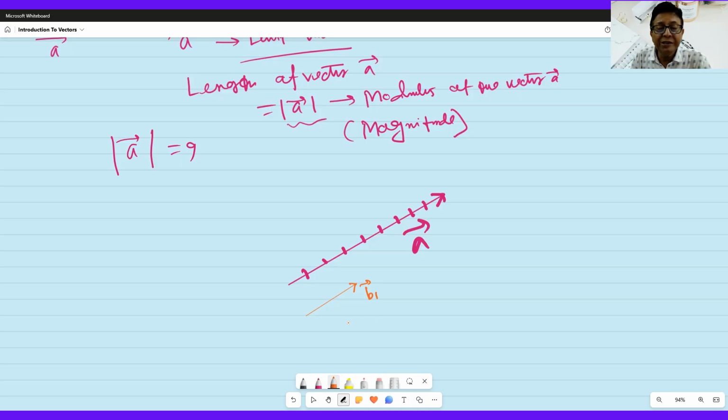I'm writing mod B1 equal to 3. I am writing another vector, 1, 2, 3, 4, 5, in this direction. So this vector will be B2, mod B2 equal to 5.